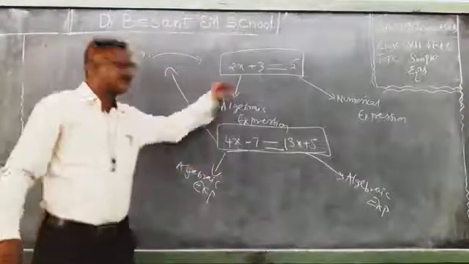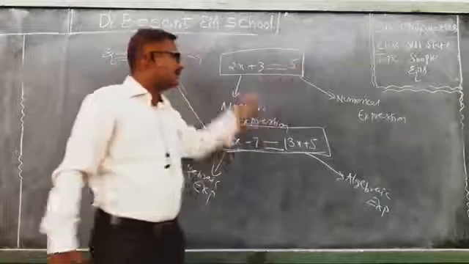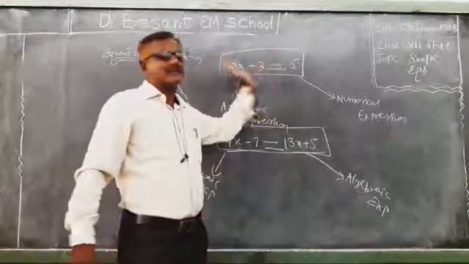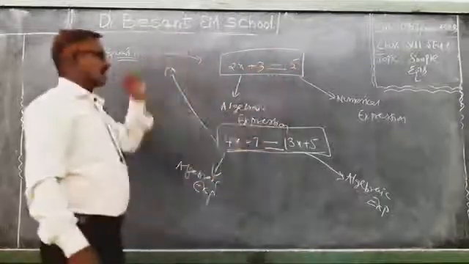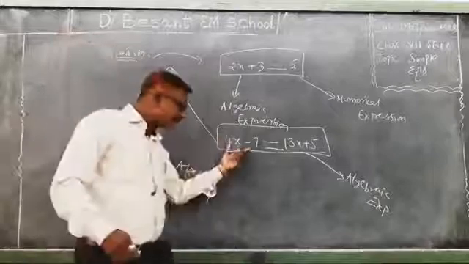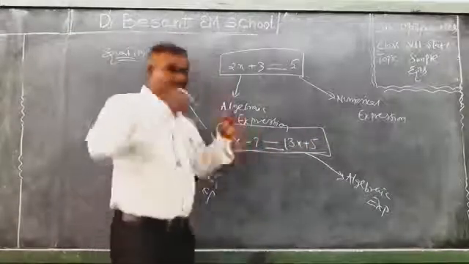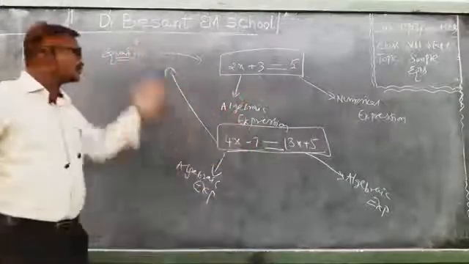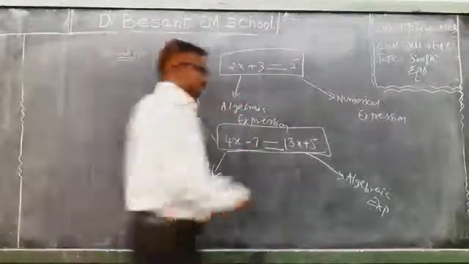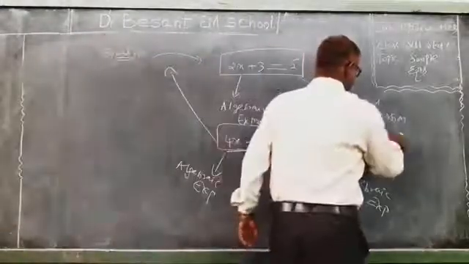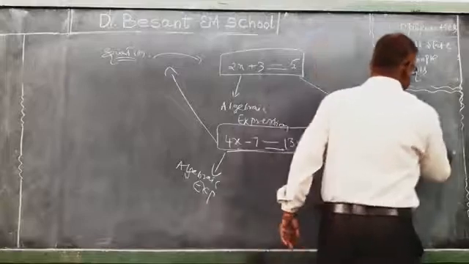So one algebraic expression and one numerical expression connected with the symbol equality, then the whole sentence is called equation. Or else one algebraic expression and another algebraic expression connected with the symbol equality, then the whole sentence is also called equation. Or else, see, this is 2 by 3 into 5 by 9 and this is 6 by 5.